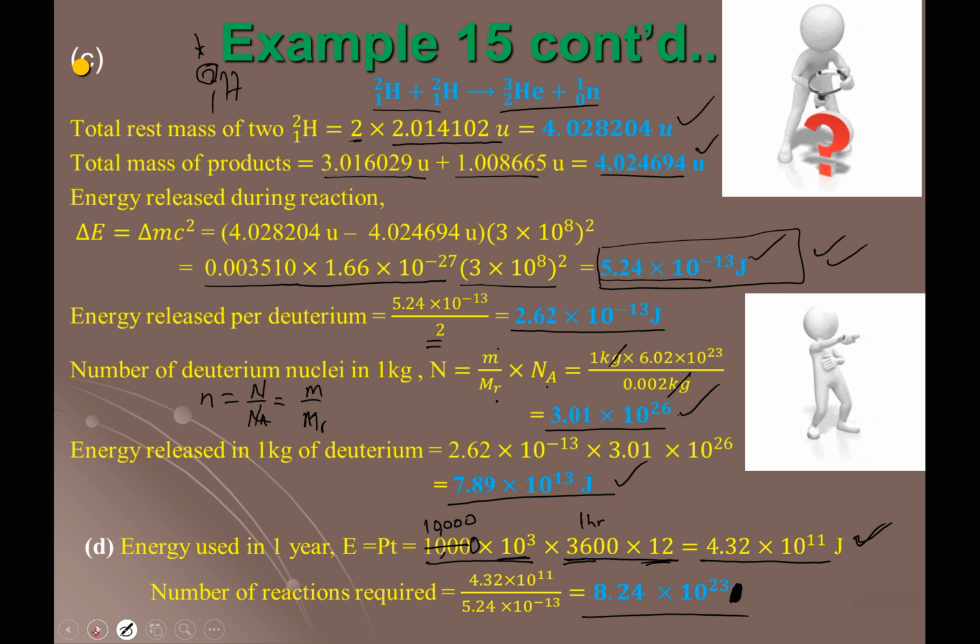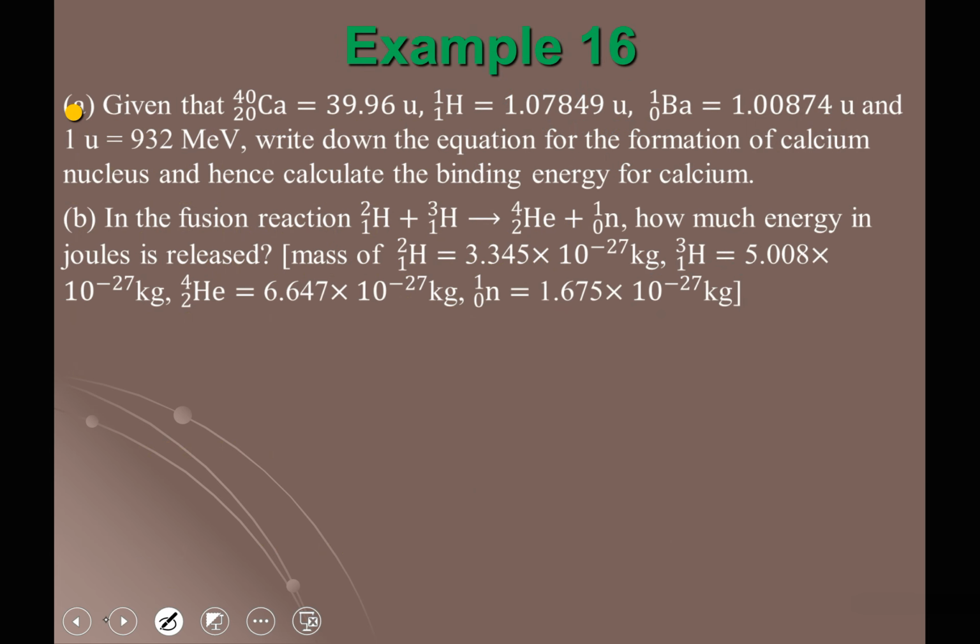Let's check example 16. Given that calcium 40 20 has that mass, hydrogen has that mass, barium has that mass, and 1U is 932 mega electron volts.